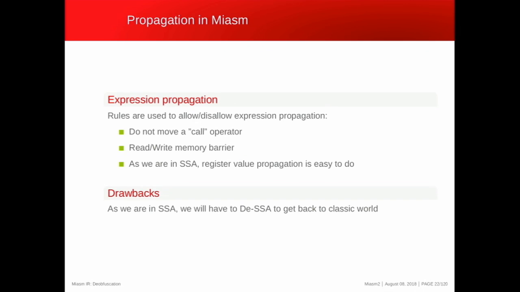To do this, we have some rules. For example, we cannot propagate call operators because a call represents a subfunction call. You cannot mess with read-write memory, for example, memory writes. But as we are in SSA, we can do, for example, register propagation and so on.